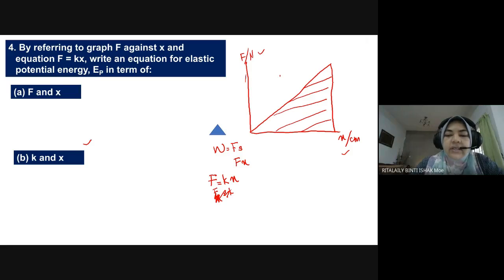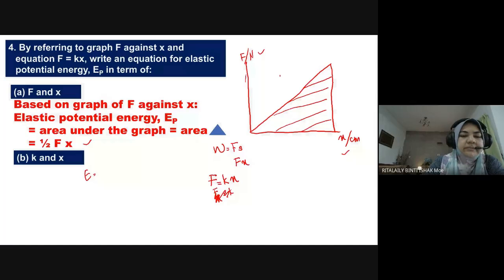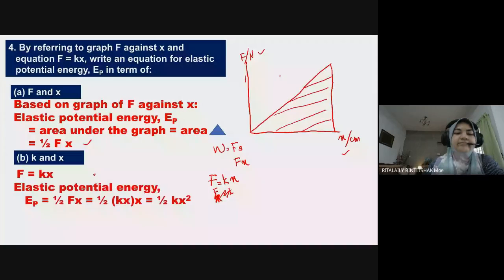Okay, so we can replace F with Kx. So when we substitute F equals Kx into this formula, you will get half Kx squared.